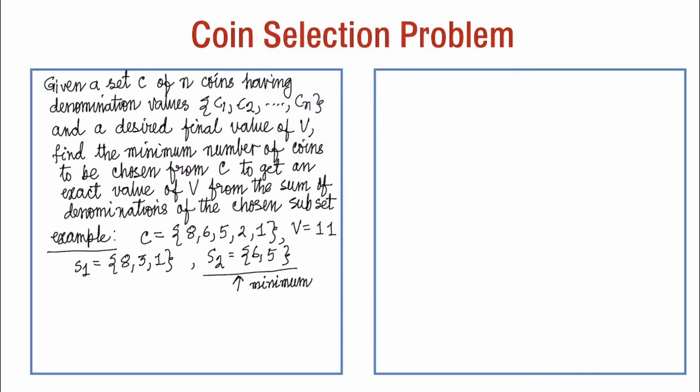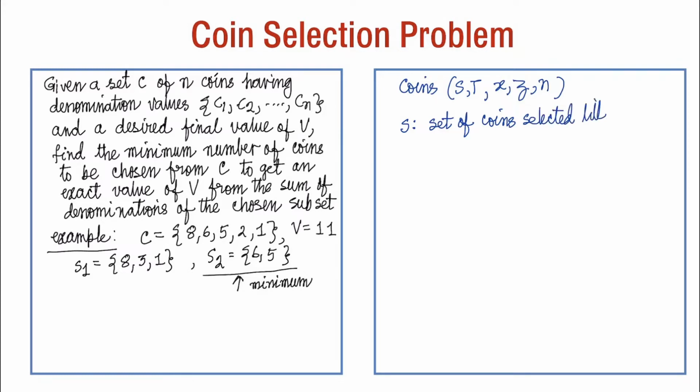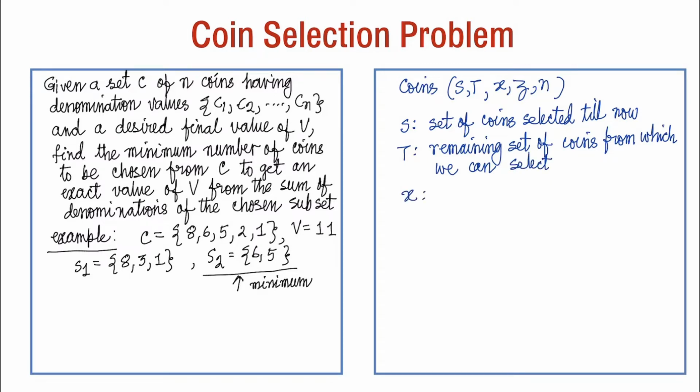The arguments that we shall define are coins S, T, X, Z, N, where S is the set of coins selected till now, T is the remaining set of coins from which we can select, X is the value of set S.